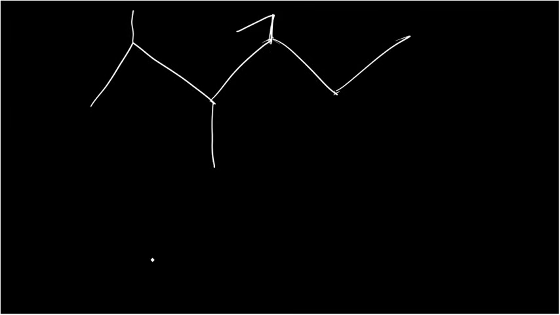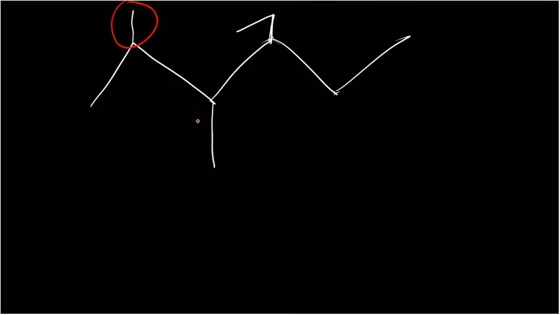So how about in this situation? How many branches are we having? We're having about 3 branches. So this is the first branch, this one, and this one. What's the name of this branch? Methyl. What's the name of this branch? Methyl.